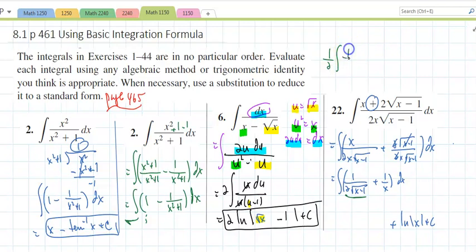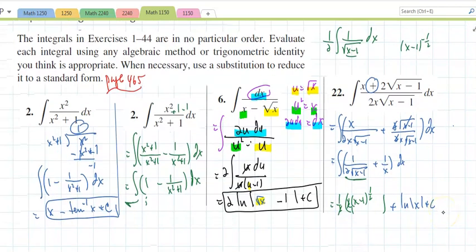I'm going to say that's 1 over the square root of x minus 1 dx. If you recognize that I don't need a u sub because that's linear, that's like me saying x minus 1 to the negative 1/2. Add 1 to the power, divide by that. If I add 1 to the power, that is x minus 1 to the 1/2, and divide by that 1/2, those undo each other.